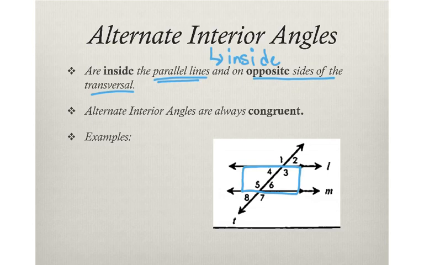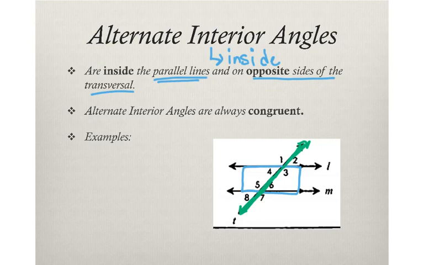So you need to be on opposite sides of my green line that I'm drawing in here. So you have to be on opposite sides of that when you're listing the pairs. So you have to be in my blue box, but on opposite sides. So alternate interior: opposite sides of the transversal, interior meaning between the parallel lines.